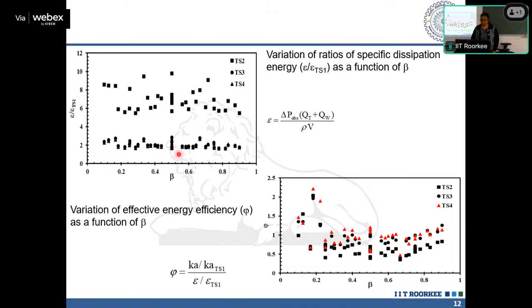So here you can observe TS2 giving you highest efficiency, but the viscous dissipation with respect to TS1 is the highest, followed by TS3 and TS4, but it is majority dominated by TS2 with a very high ratio of specific dissipation.